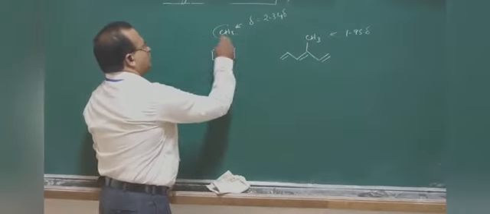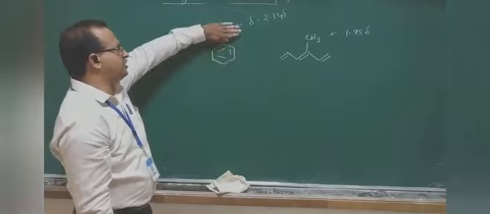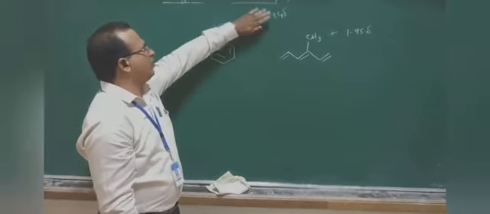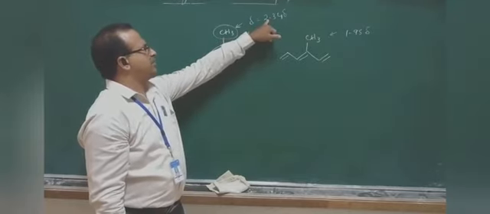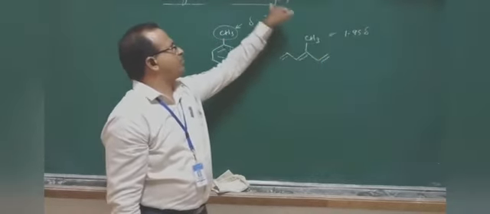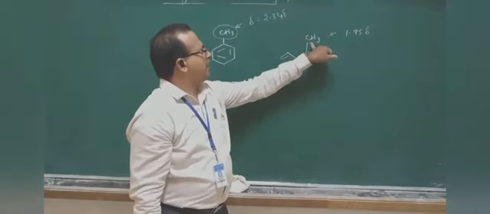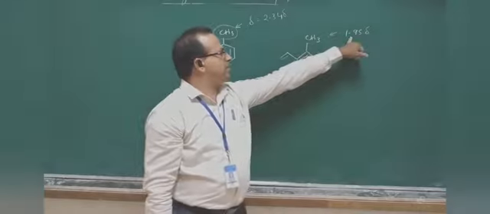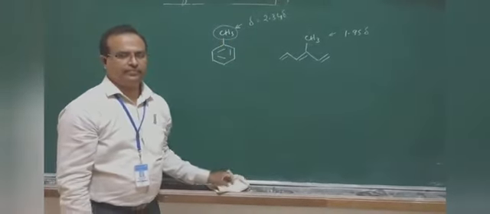Here these protons are present in the de-shielding or paramagnetic region of the molecule, and therefore they are highly de-shielded and show a higher chemical shift value of 2.34 delta. And here, no anisotropic effect, only electronegativity and other effects, and this proton appears at 1.95 delta.